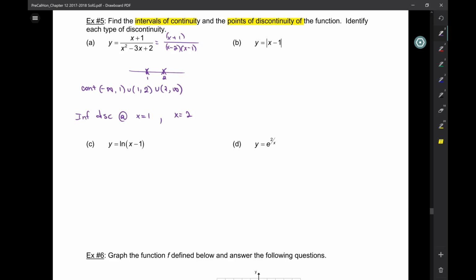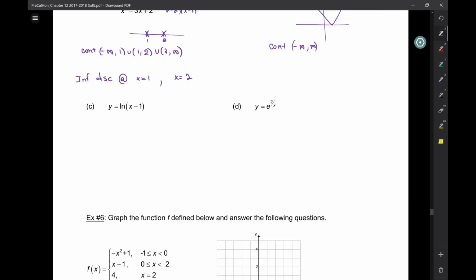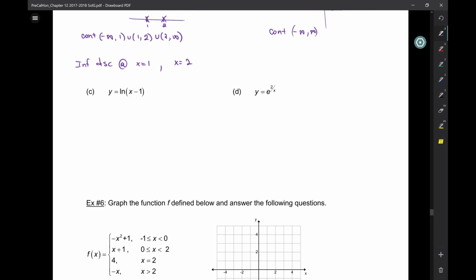Here, where is there a discontinuity for absolute value x minus 1? There's no discontinuity. It's continuous everywhere. There's just no holes, no jumps, no gaps, nothing. Never. ln of x minus 1. Okay, so ln, remember what ln looks like.